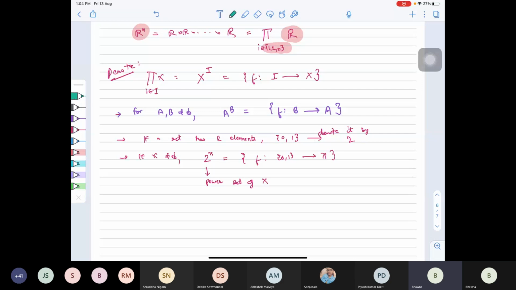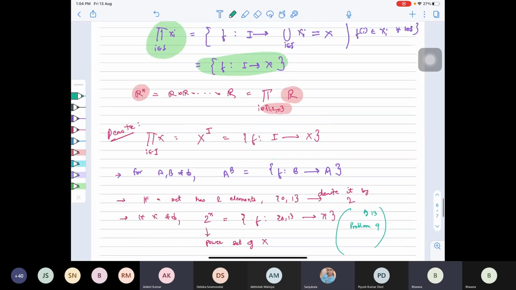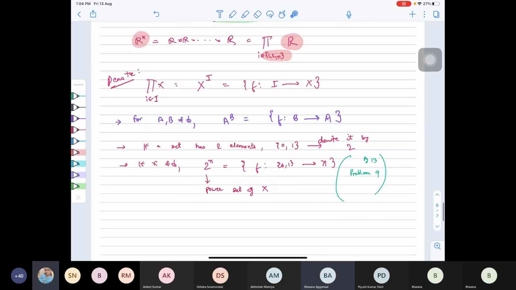So this thing is actually again problem number 9 on page 13. Ma'am, 2 to the power X, the function should go from X to {0, 1}, right? Whatever is in the power is our first set, so the function is f from X to {0, 1}.